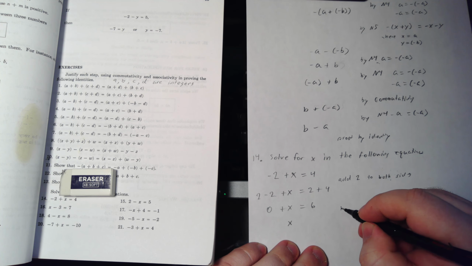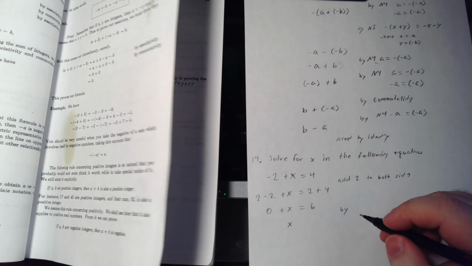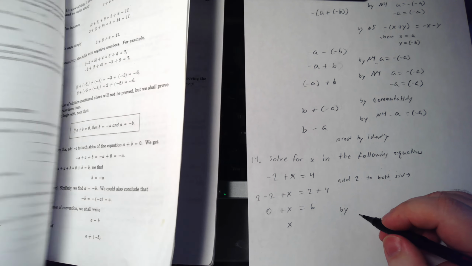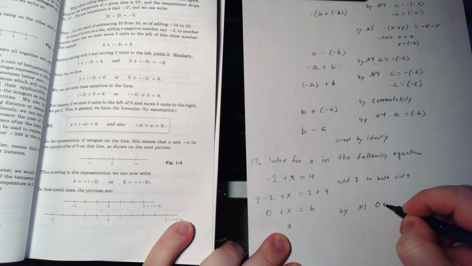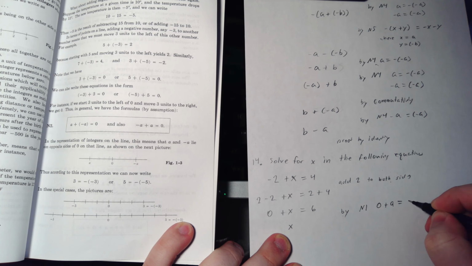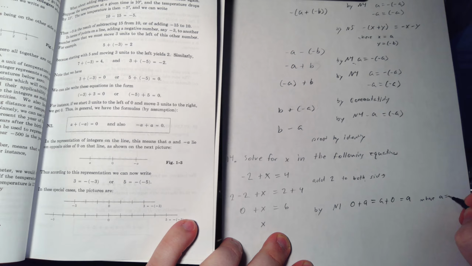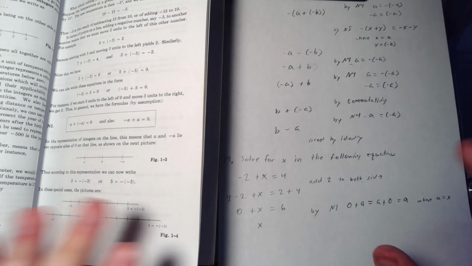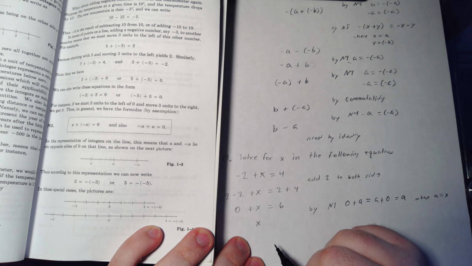And then by N1, where 0 plus a is equal to a plus 0, which is equal to a, where a is equal to x in this circumstance, we can get rid of that 0. That 0, poof, out of existence. And then we have 2 and 4, 6.